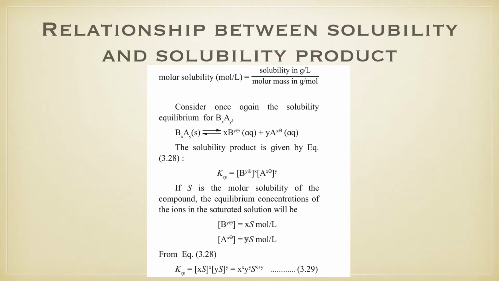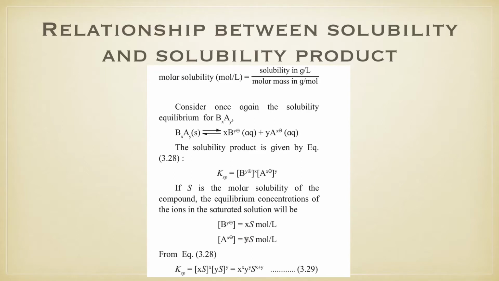When we substitute these values in the Ksp equation, it becomes Ksp equal to (x into S) the whole raised to x, into (y into S) the whole raised to y. After simplification, applying the law of indices, we get x raised to x, y raised to y, S raised to x plus y.